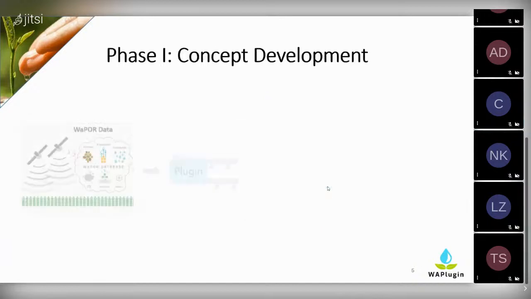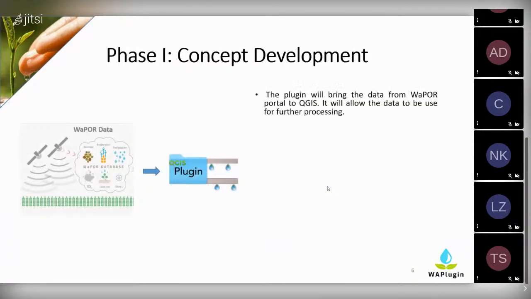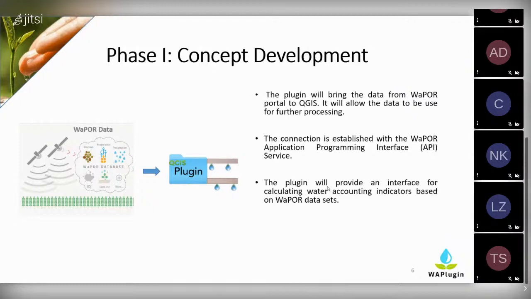So the concept development: we wanted the plugin to bring the data from the WaPOR portal to QGIS and allow the data to be used for further processing in this software. Also, the connection that is going to be made by the plugin between WaPOR and QGIS is going to be established with the WaPOR application program interface, API, service.